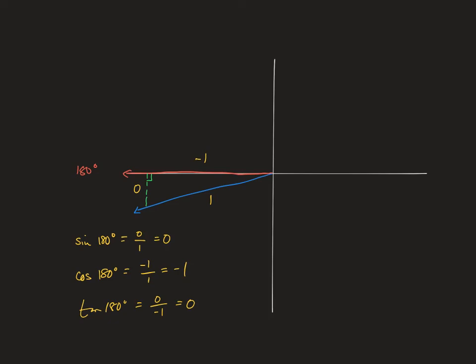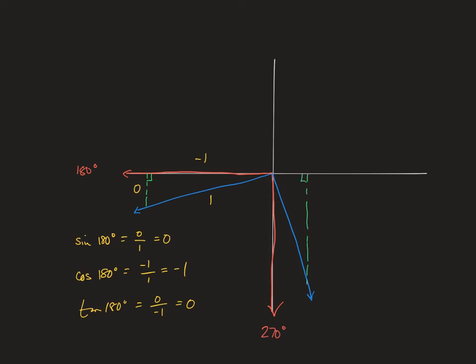Now we're going to rotate all the way down to 270, which was the problem that we ran into earlier. Well, if I rotate 270, then what I can do is rotate a little bit past. That allows me to drop in my height.